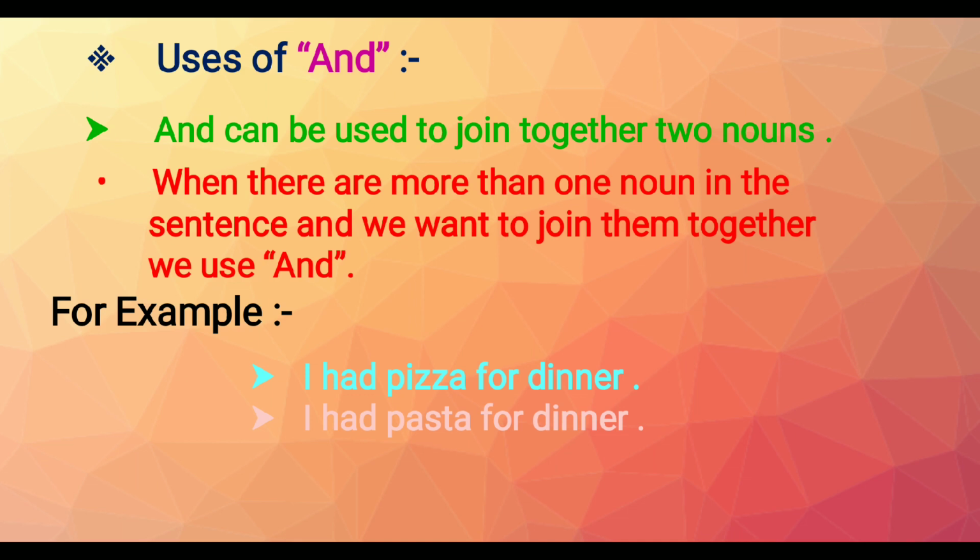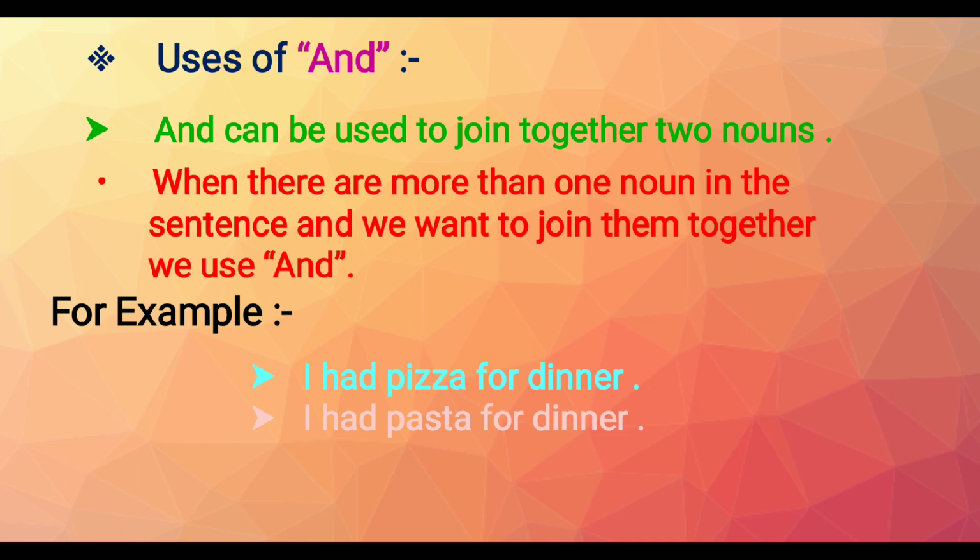But for dinner, I need pizza and pasta. I have two dishes for my dinner, which I had already done in my dinner. So if we want to use a conjunction and convert these sentences into one, what can we do?